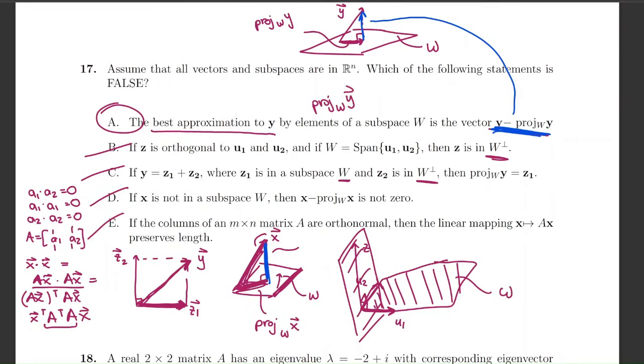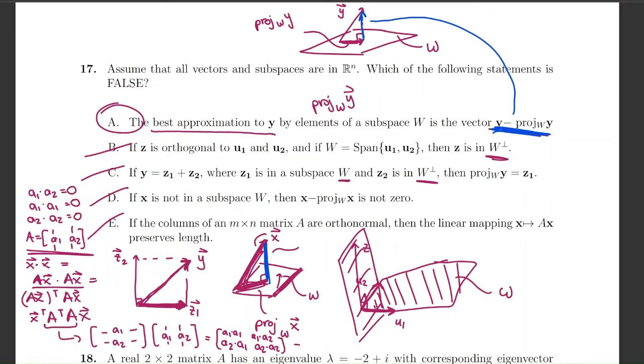So to figure out what A transpose A is, we know that A is equal to this. So A transpose is equal to A1, A2. And then we have A1, A2. And so that actually gives us the matrix A1 dot A1, A1 dot A2, and then A2 dot A1, A2 dot A2.